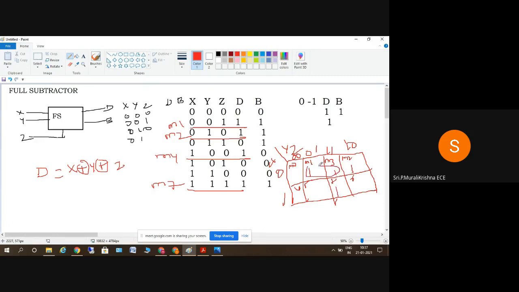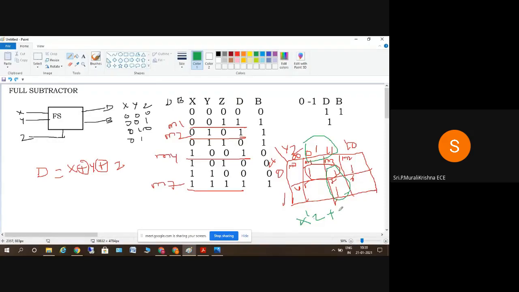So there are these two combinations. First of all, we'll check these two. The row term is X bar, and the column term, where these two columns are grouped, is Z. So this is X bar Z. Next, these two: this is equal to YZ.